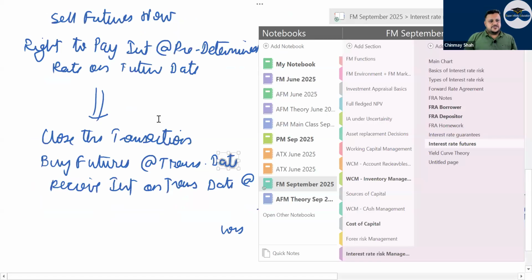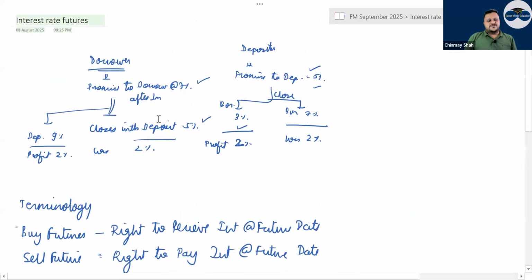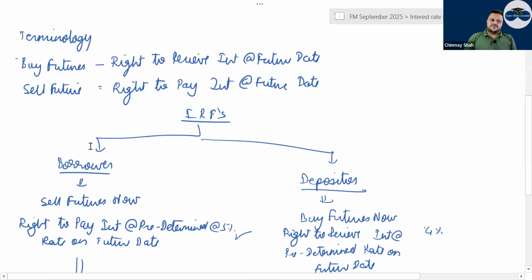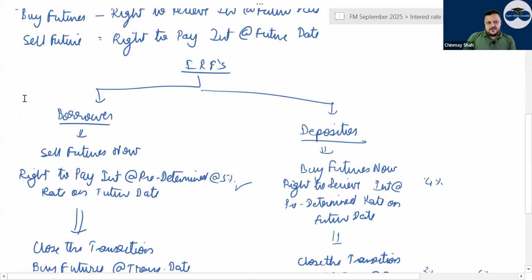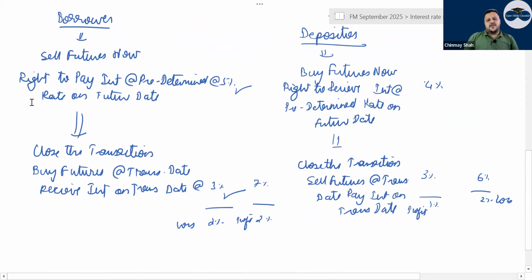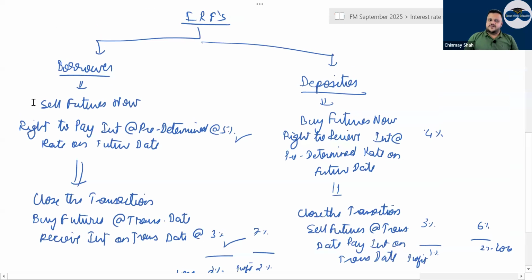Then interest rate futures. Interest rate futures are very straightforward. Buy futures is the right to receive interest at a future date, and sell futures is the right to pay interest. So as a borrower, whenever I sell futures now, I will have a right to pay interest at a predetermined rate on a future date, and close the transaction by buying futures at the transaction date, that is, the right to receive interest.